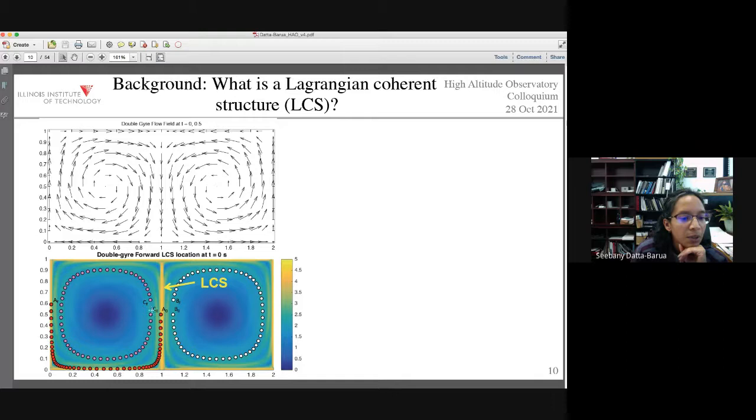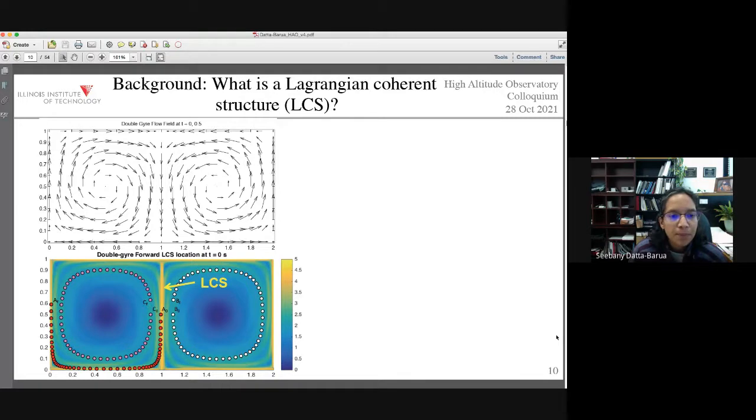If we set up tracer particles, A naught in red, B naught in white, and C naught in pink, and trace them through the flow over time, each one showing a different location at a different time, then A naught and C naught, to the left of the LCS, stay in the left vortex. And B naught, to the right of the LCS, stays in the right vortex. That's the idea behind the Lagrangian coherent structure: it shows you dividing areas between where flow is going to qualitatively behave differently.